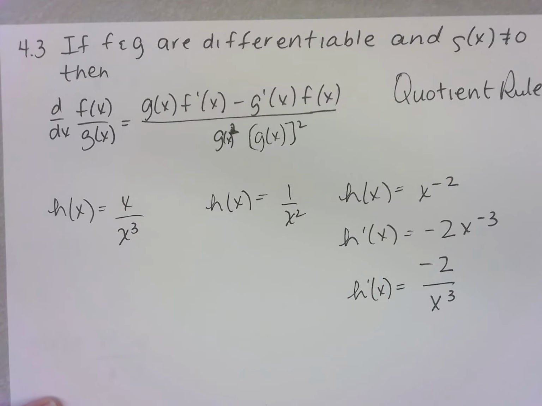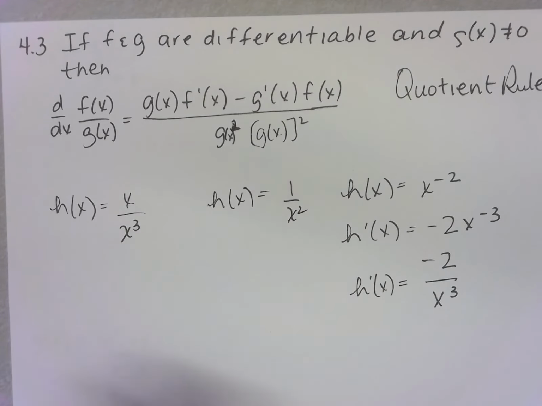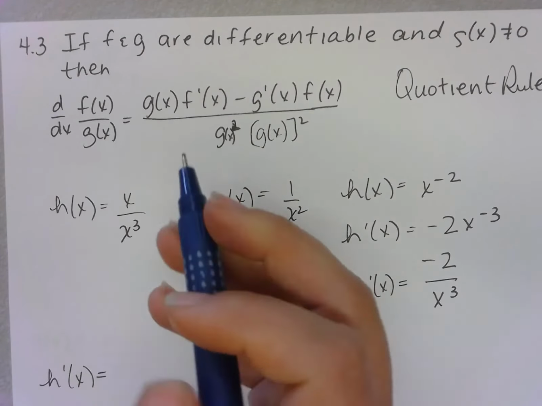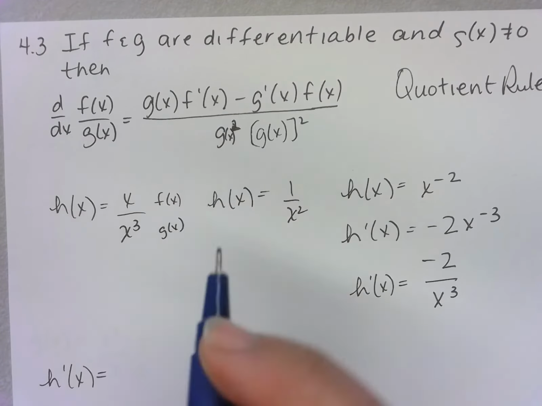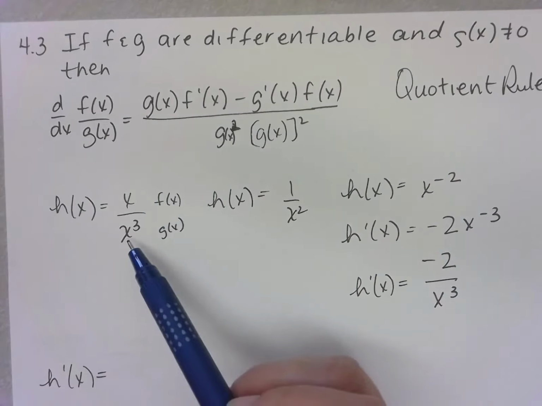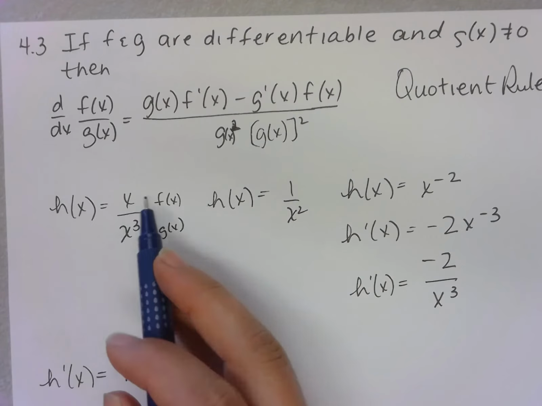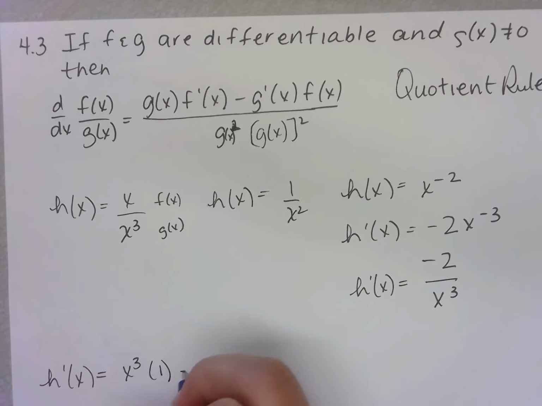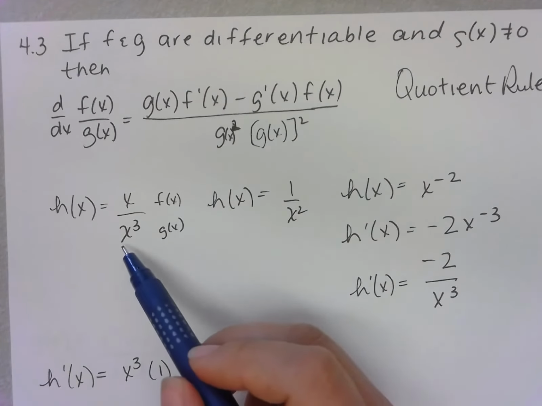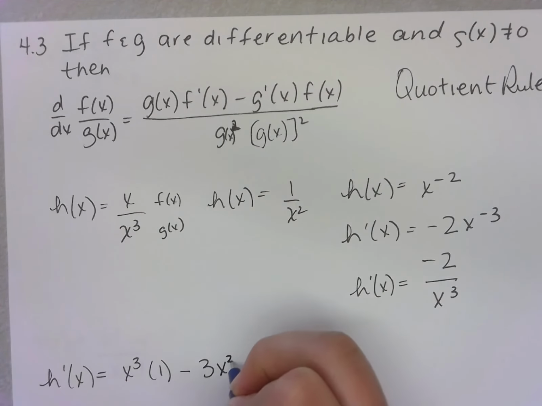This time, just to show that it works, let's use the quotient rule here with h being x over x cubed. So my h prime of x will be, I'm going to assume that this is f on top and this is g on the bottom. So g is the bottom, that's x cubed, I'm sorry, times the derivative of the top, f prime, so the derivative of x is 1, and then minus g prime, and g is x cubed, so that would be 3x squared.